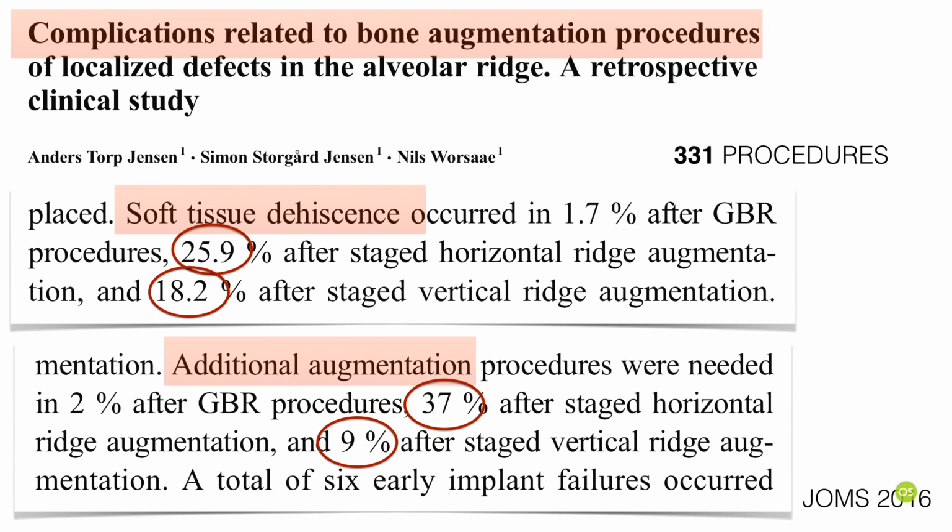That brings a real problem in daily practice, because we need additional augmentation in many of these cases: 37% after staged horizontal augmentation and 9% after staged vertical ridge augmentation. It means more therapy, more cost for the office, for the dentist, and for the patient.